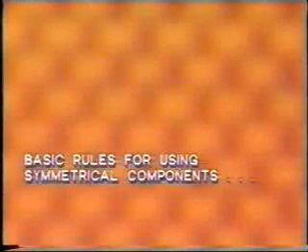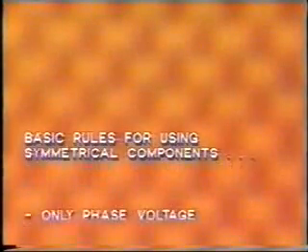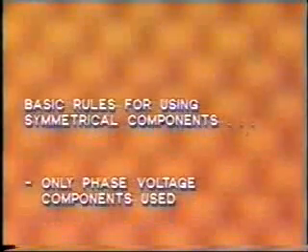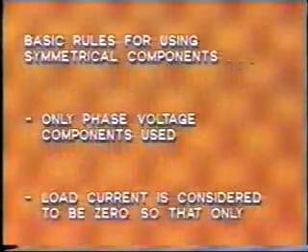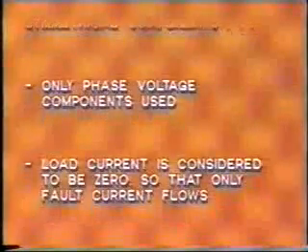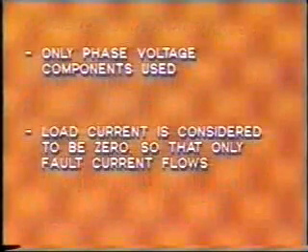In fact, any unbalanced system of currents and voltage can be represented by a combination of positive, negative, and zero sequence components. There are several basic rules we should remember in connection with this method. Only phase voltage components are used. The load current is considered to be zero, so that only fault current flows.